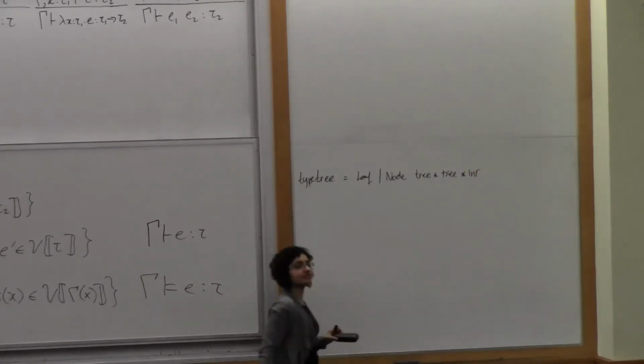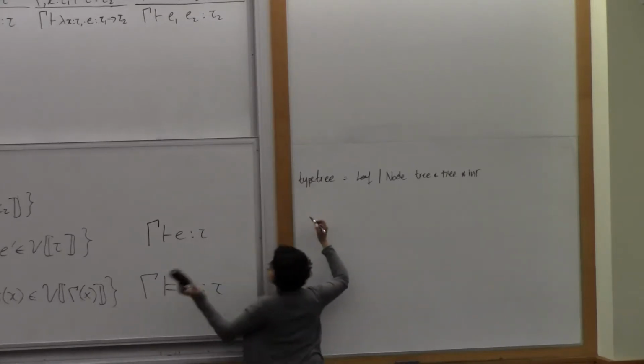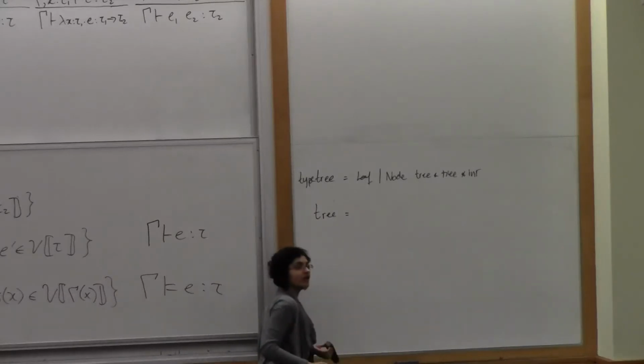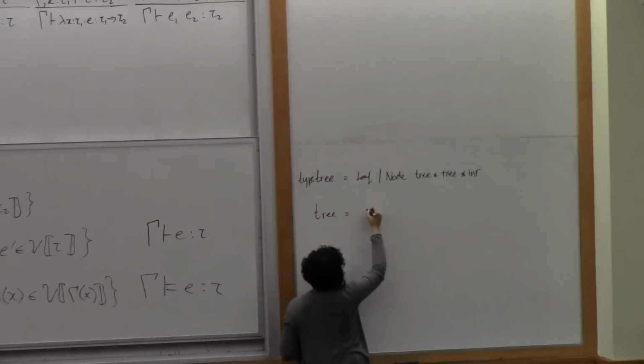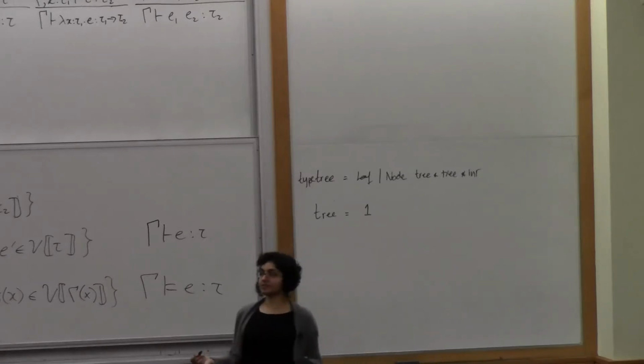Let's say we're storing integers in the nodes. If we tried to do that in our simply typed lambda calculus, we'd like to be able to write down definitions like a tree is either nil or a leaf. Let's represent that with the unit type. I'm going to write 1 for unit type. Everyone okay with unit types?